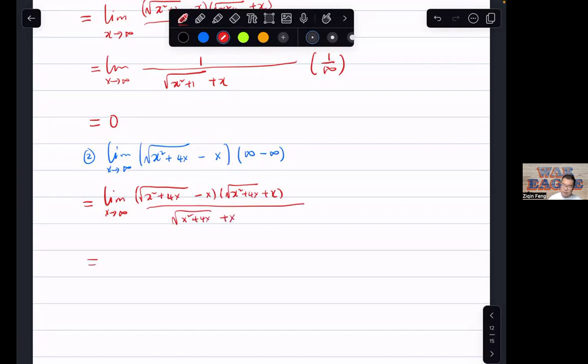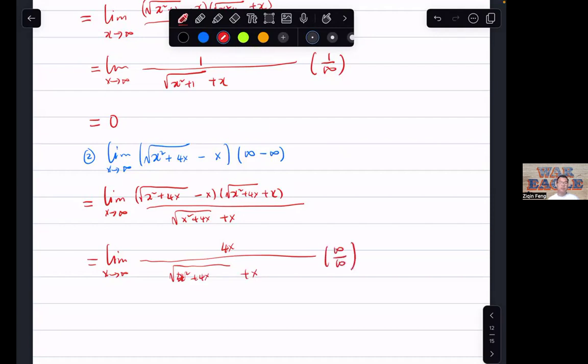So this is equal to, as x goes to infinity, doing the multiplication you get 4x over square root of x squared plus 4x, then plus x.